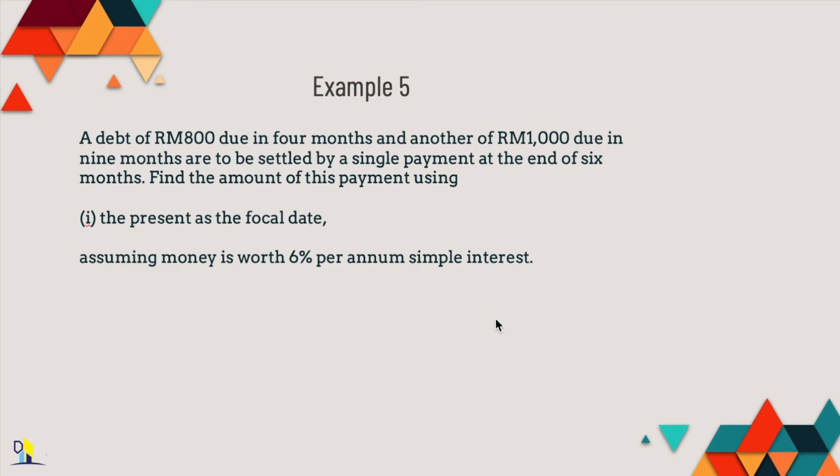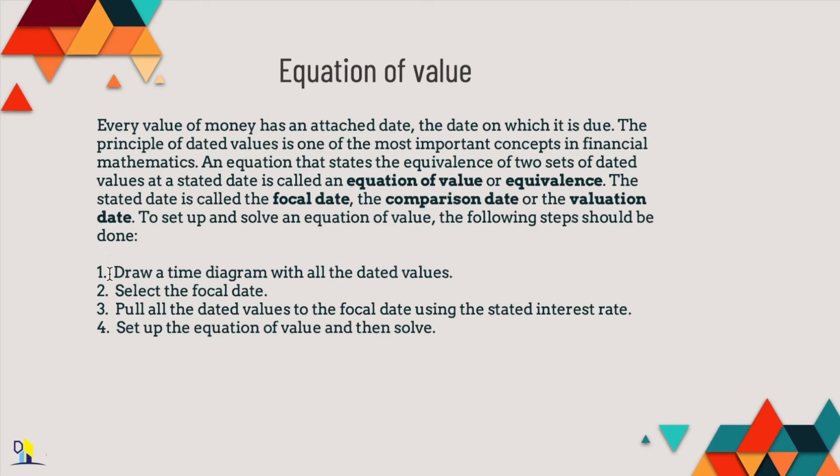So you borrow money at a 6% per annum interest rate. This is what I meant by solving two problems with one solution. You have an 800 ringgit debt and a 1,000 ringgit debt. They are both due in different months and you need to make a single payment to settle both debts. So let's see how we can work that out based on these steps, 1, 2, 3 and 4, and how we can solve this problem.